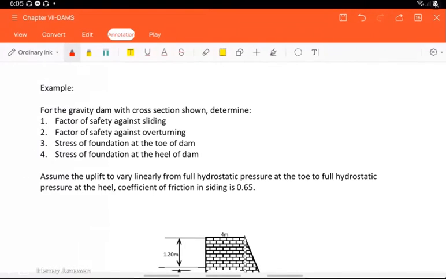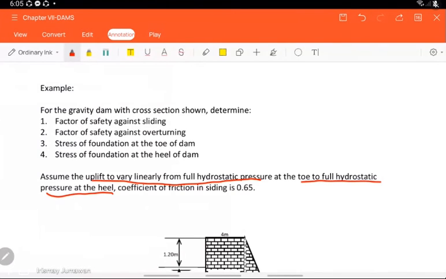When you say stress, it is also the soil pressure. Okay, so here, we have to take note that it is full hydrostatic pressure at the toe and full hydrostatic pressure at the heel.